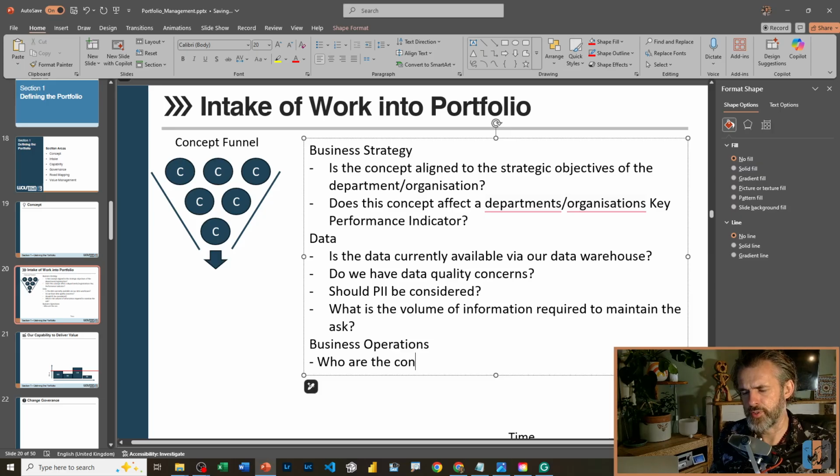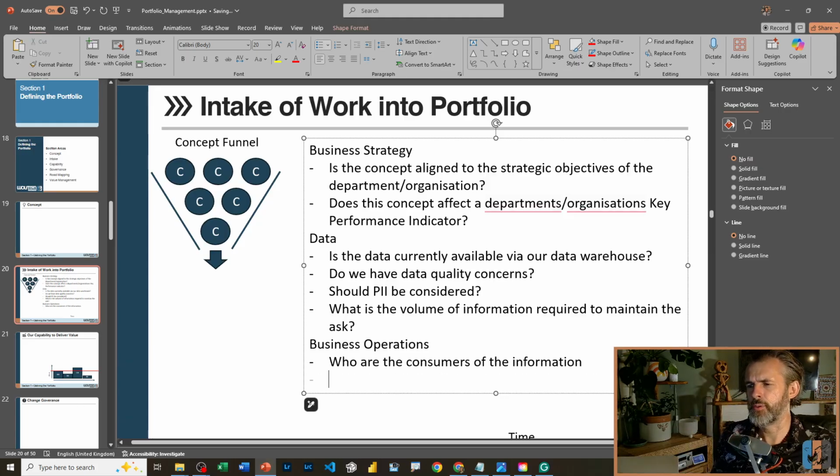Who are the consumers of data? Is that the right question to be asking? Who are the consumers of the information? I guess what we want to determine is how many people are going to see.